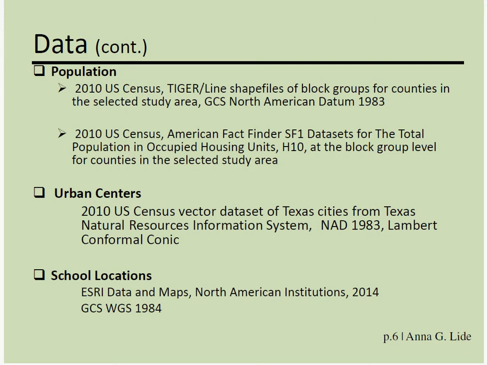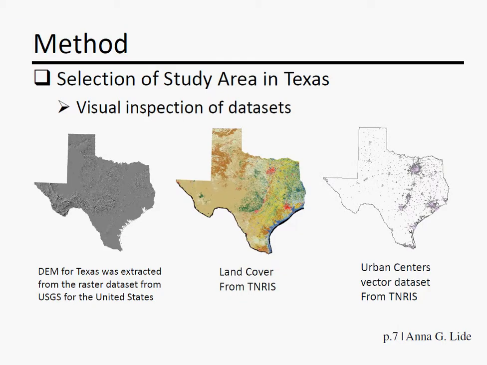Point locations of schools for the final evaluation of the route selection were obtained from the Esri Data and Maps website. The goal in choosing the study area was to find variation in all three criteria: elevation, land cover, and population. Visual inspection of the DEM in Texas shows high variation in the Big Bend area, but not much variety in land cover or population.